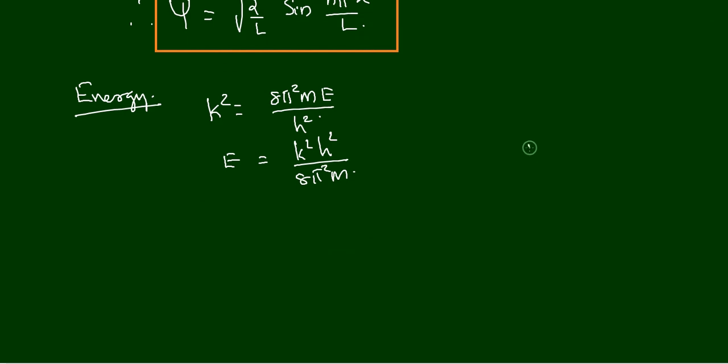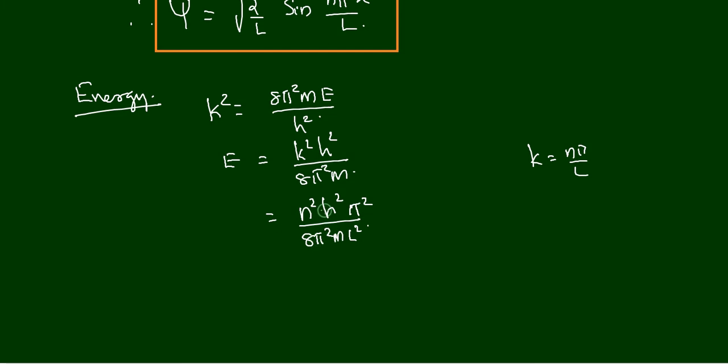Since K is equal to n pi by L, E becomes n square h square divided by 8 pi square m L square, right? Here we have pi square also, n square pi square.